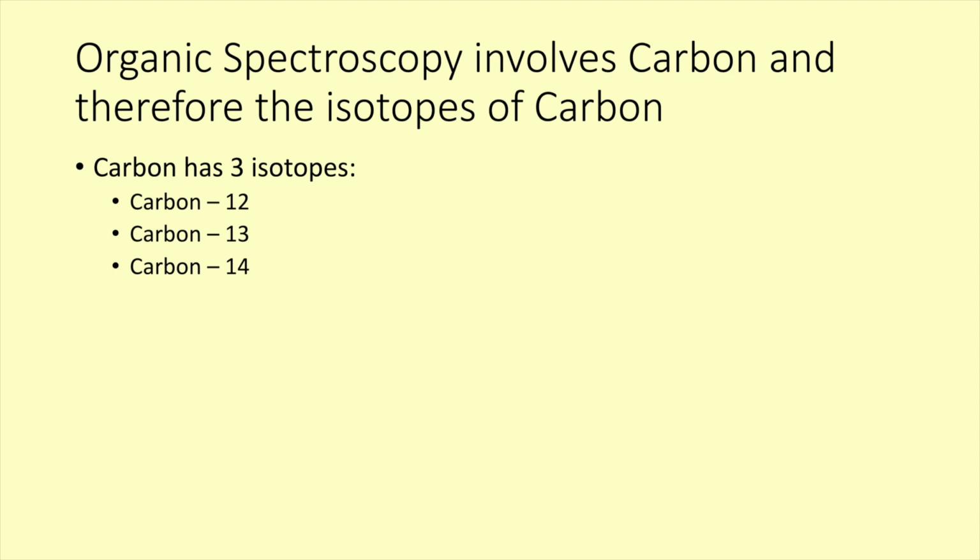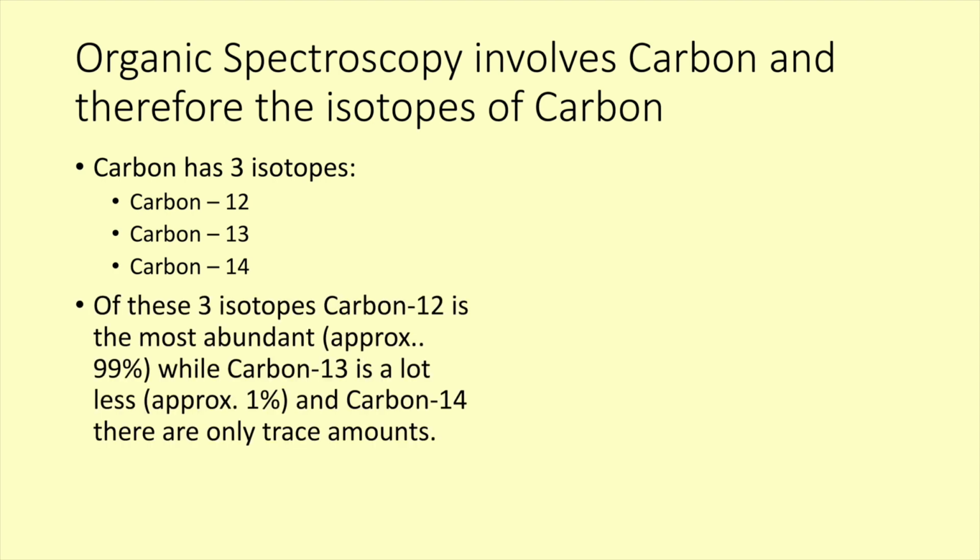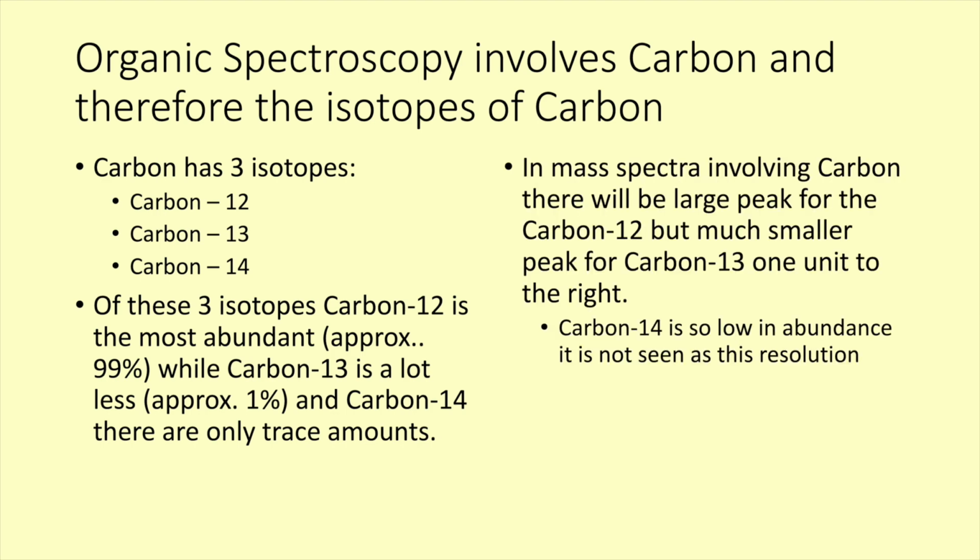However, when we're doing our mass spectrometry, we only really deal with carbon-12 and carbon-13. For carbon-14, there's only trace amounts, so they never show up in spectrums. Carbon-13 is only actually about 1% present in compounds, so it's only a really small peak in our spectrums.